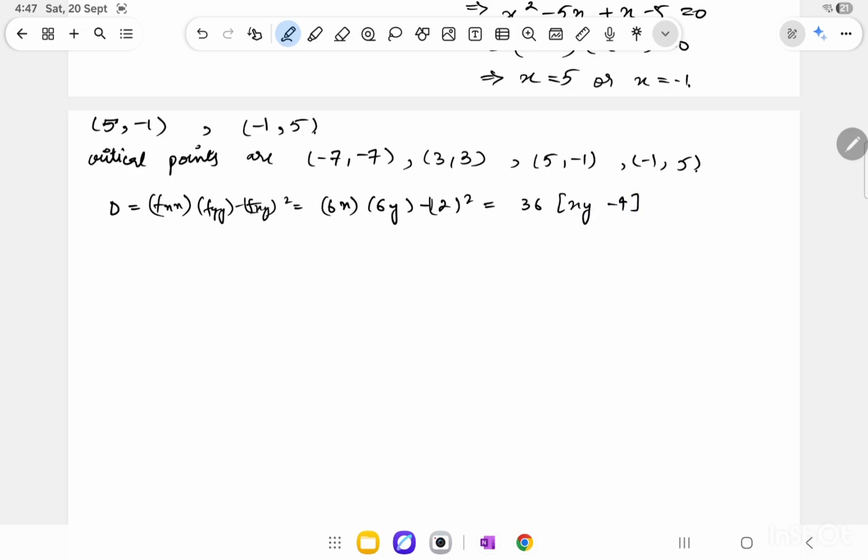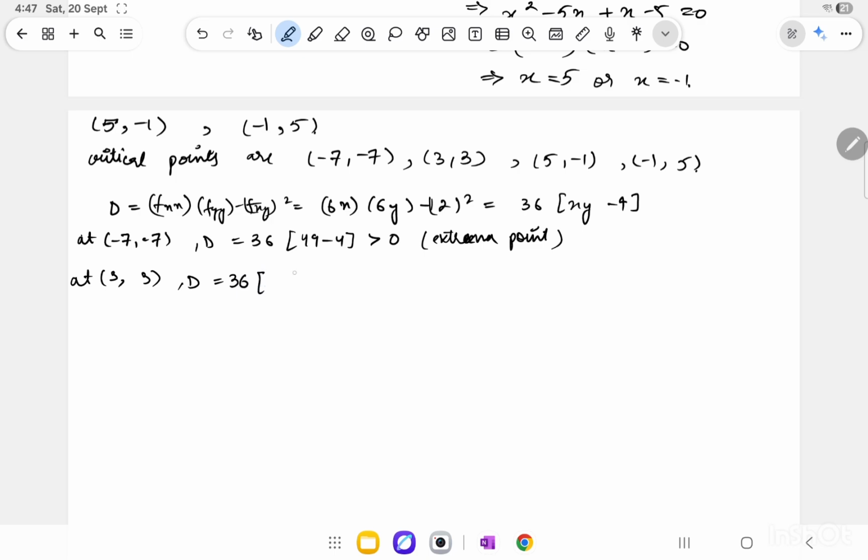Now let's determine sign of d at minus 7 comma minus 7. So d will be 36 into 49 minus 4, that is greater than 0. So it is a extrema point. And at 3 comma 3, my d will be basically 36 into 3, that is 9 minus 4.